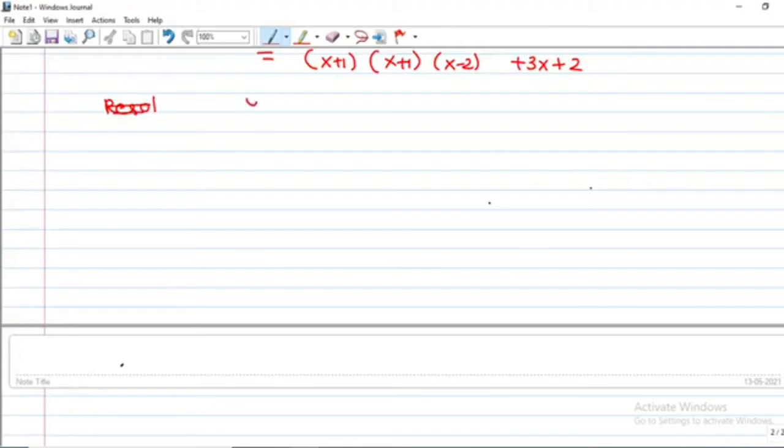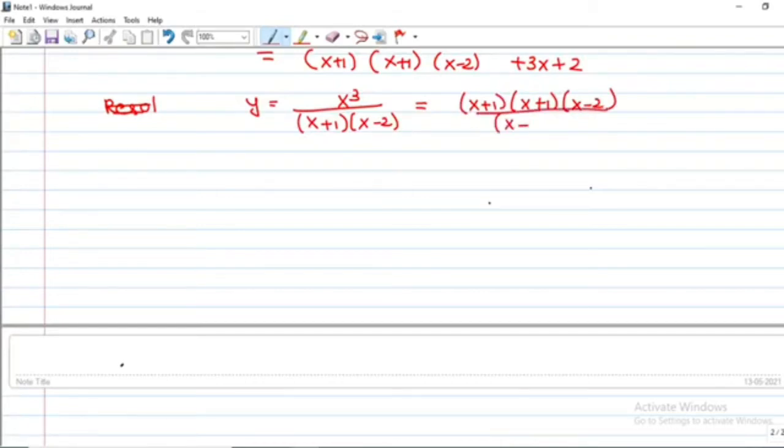y was x cube upon x plus 1 and x minus 2. We will put the x cube value which we got by dividing, which was x plus 1 into x plus 1 into x minus 2, the whole divided by x plus 1 into x minus 2.